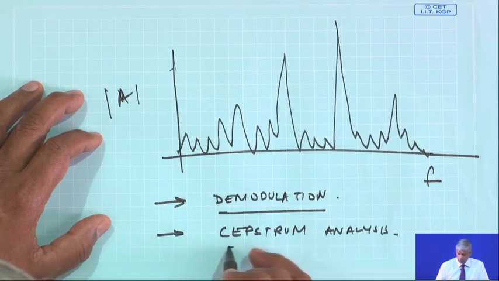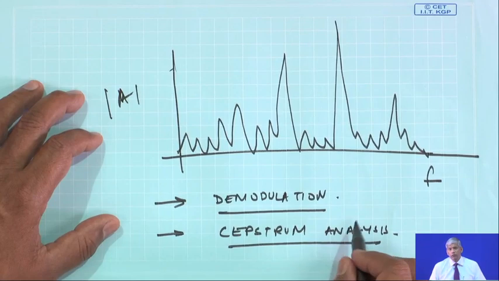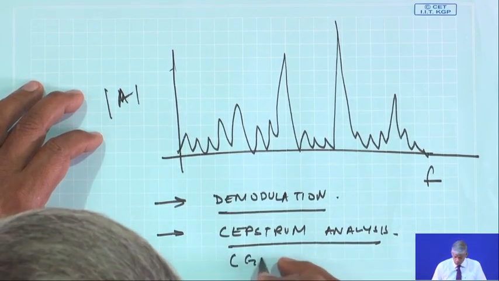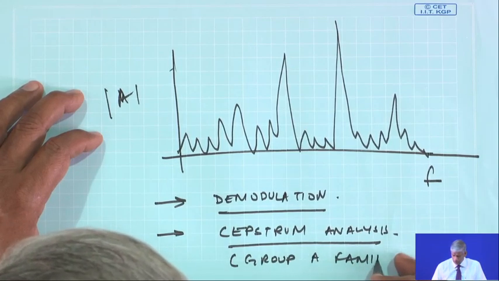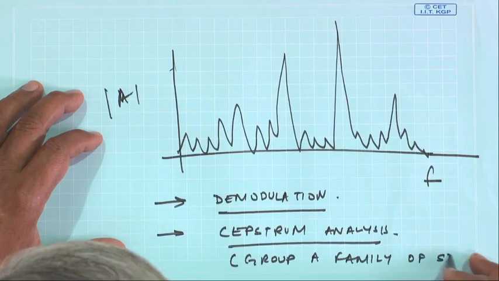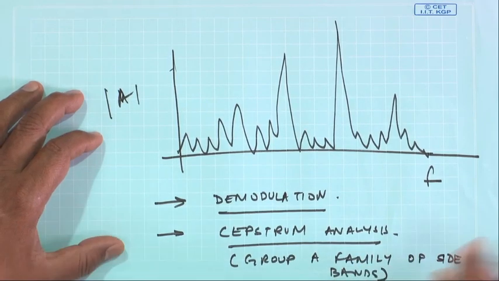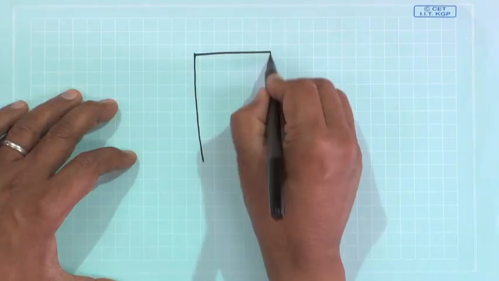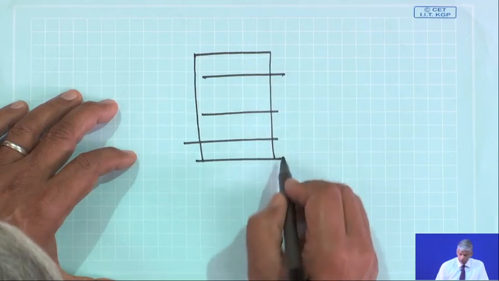We discussed subsystem analysis earlier, and subsystem analysis is used to monitor gearbox signals and group a family of side bands. And I have always been asked this question: how do you identify which gear is defective in a multi-stage gearbox?